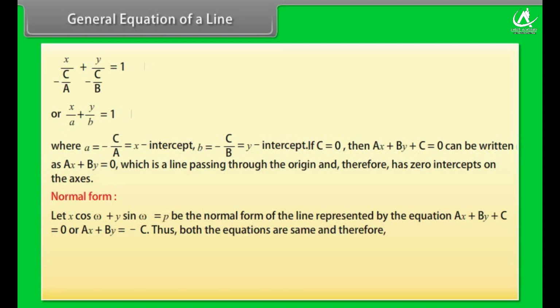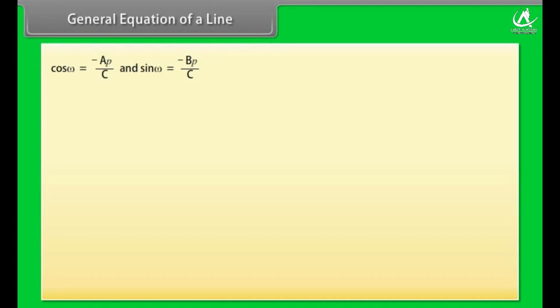Thus both the equations are the same and therefore a/cos ω = b/sin ω = -c/p, which gives cos ω = -ap/c and sin ω = -bp/c. Now sin²ω + cos²ω = (-ap/c)² + (-bp/c)² = 1.